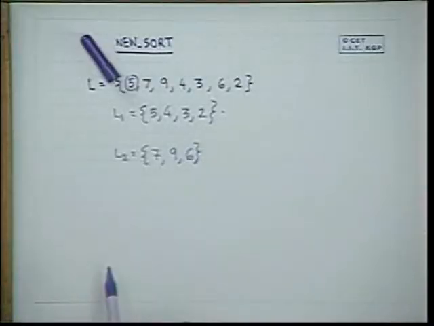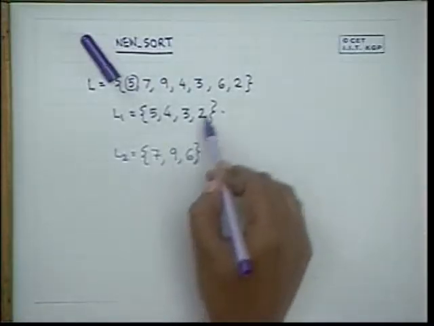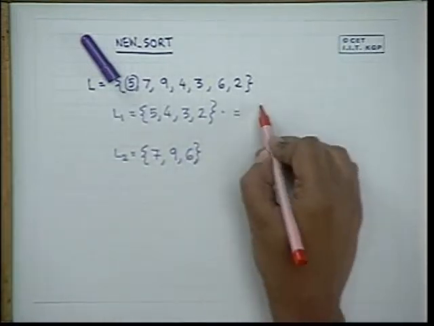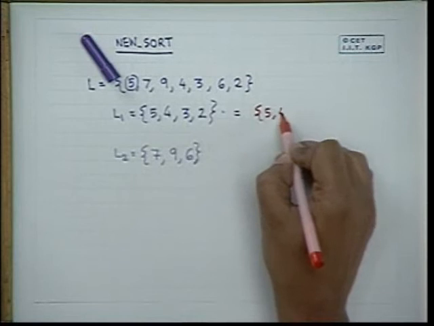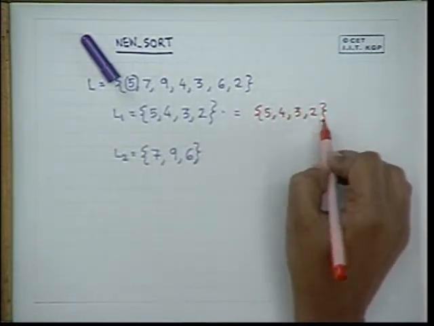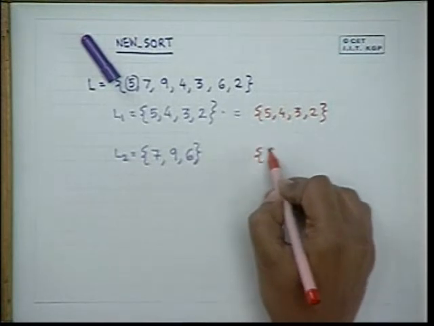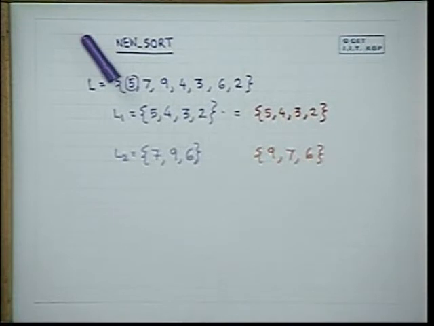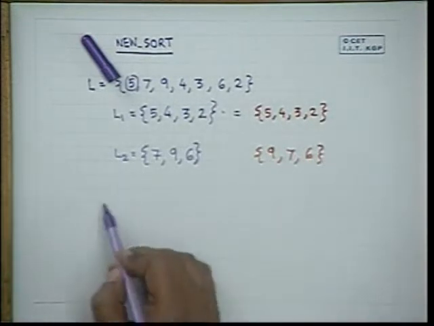Now can anyone tell me what to do after we have done this? Sort this, sort this. So after you have sorted this, and after you have sorted this, then how will you find out?